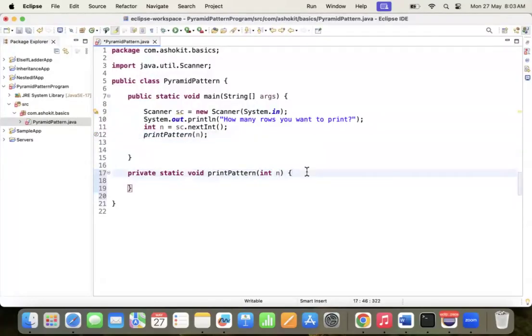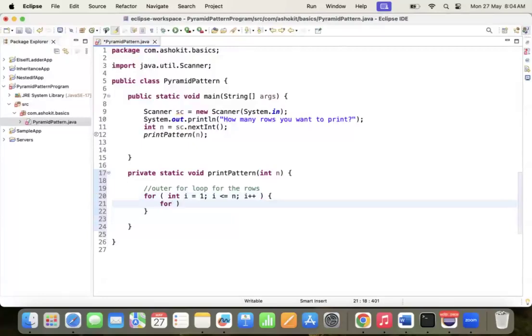And let's start writing the loops. This is the outer for loop for the rows, right? So for int i equals 1, i less than or equal to n, i plus plus, folks. Could you tell me what next after this?